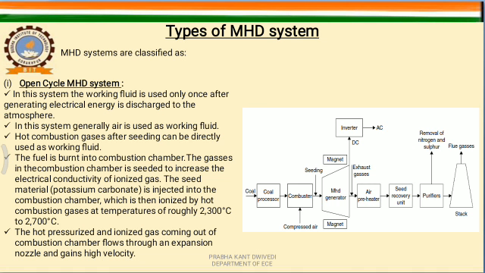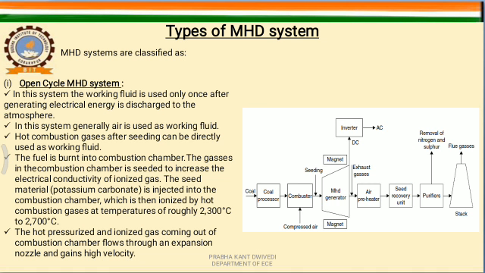The fuel is burnt in the combustion chamber. The gases in the combustion chamber are seeded to increase the electrical conductivity of the ionized gases. The seed material such as potassium carbonate is injected into the combustion chamber, which is then ionized by hot combustion gases at a temperature of roughly 2300 to 2700 degrees centigrade.